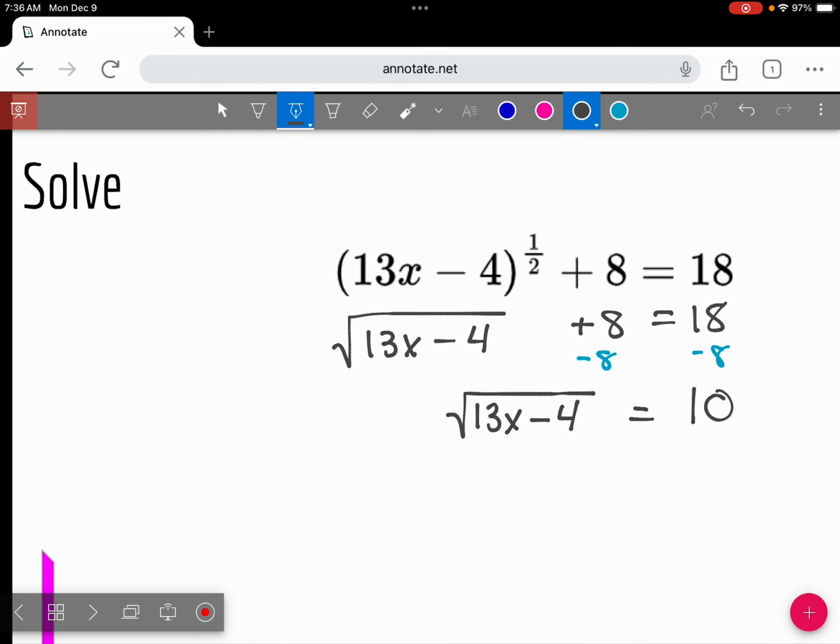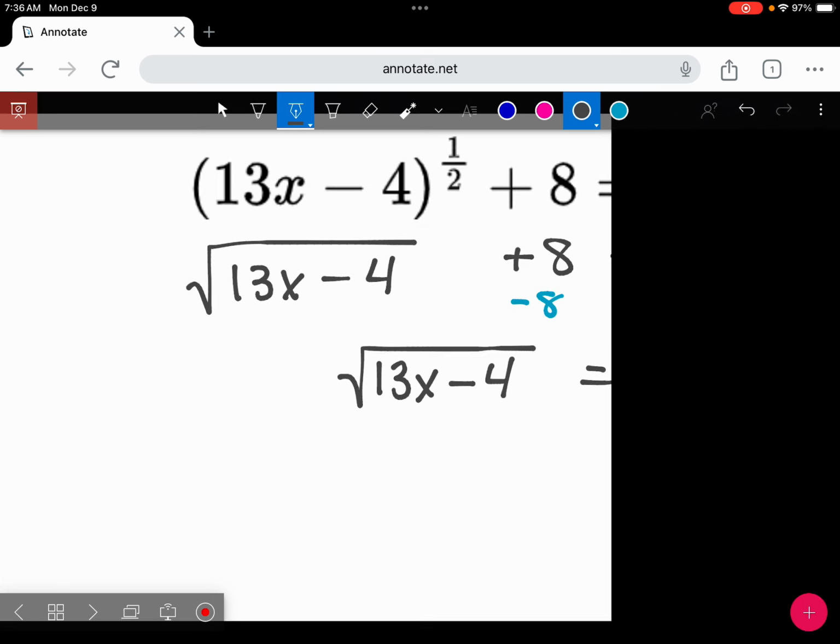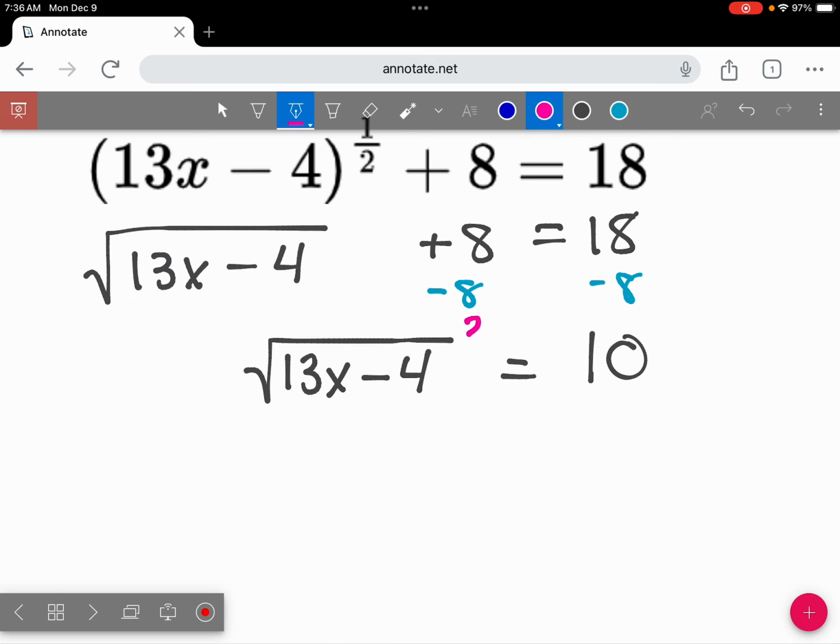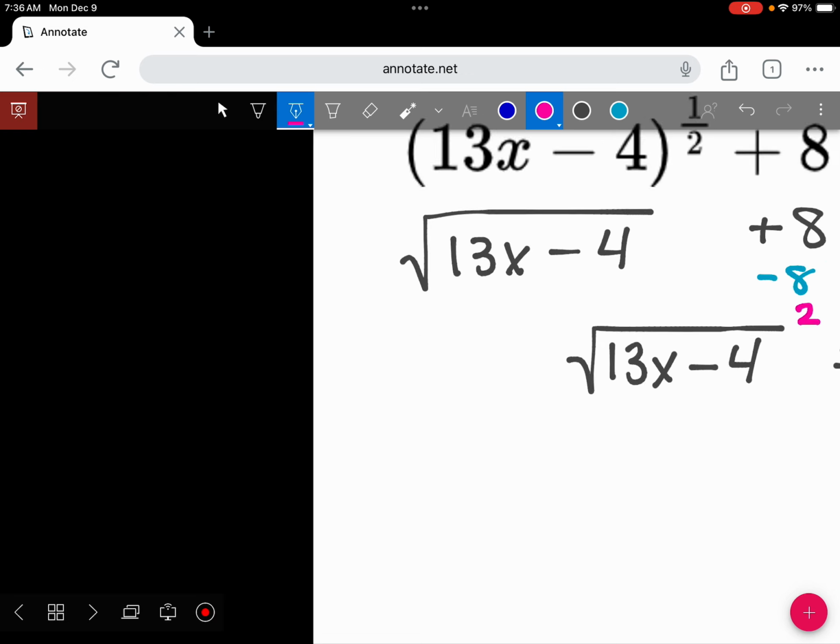Whether we write it as a square root or to the power of 1/2, what are we going to do next? To the power of 2. We're going to square it. And we square both sides.